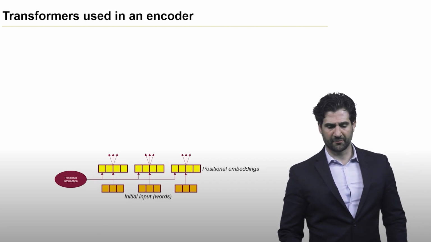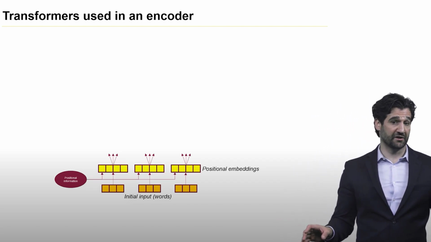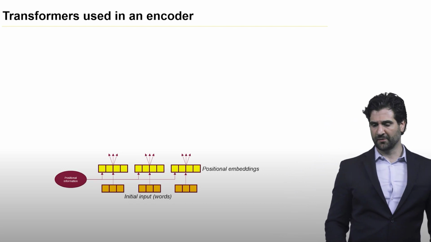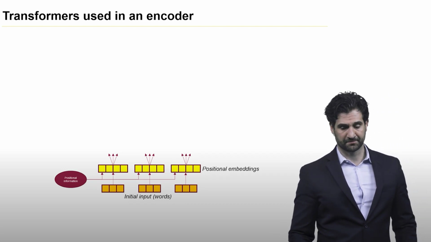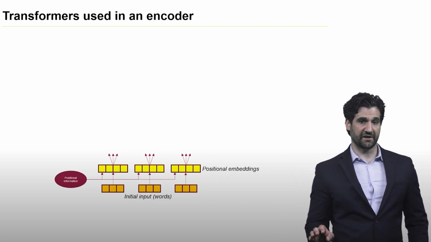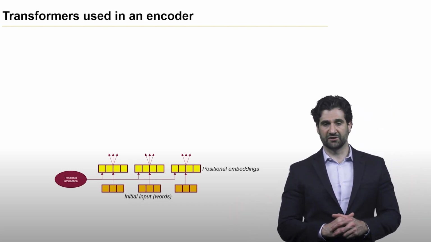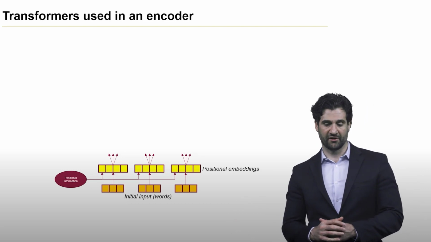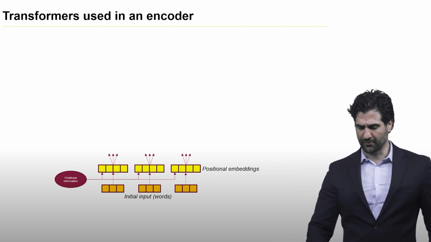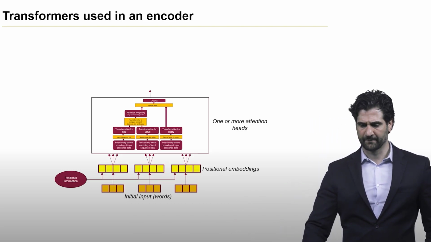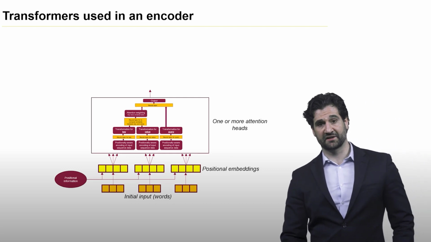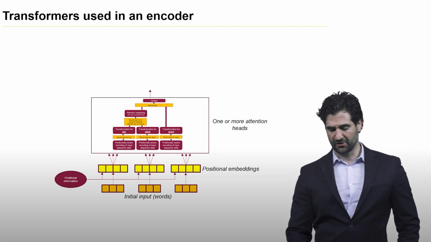So that positional information is combined with the initial input to give you positional embeddings. Notice each of these embeddings has three arrows coming from it because we're going into the three different parts of the transformer architecture, which we see here, and that's the next layer in an encoder.